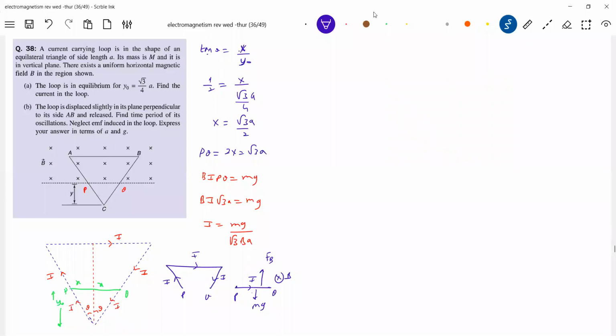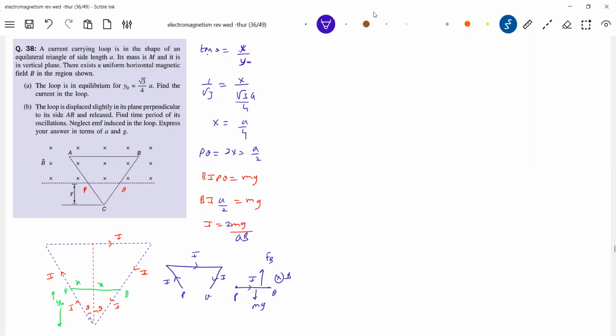Tan theta equal to 1 by root 3, x equal to a by 4, a by 2. Please make the correction. It should be tan theta.